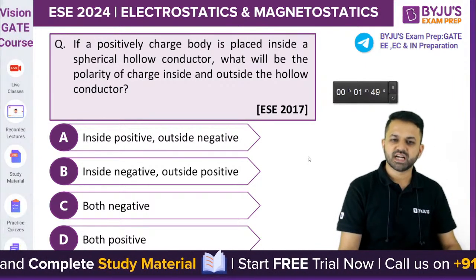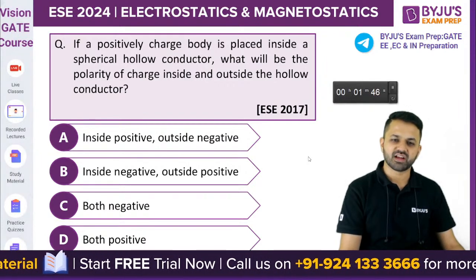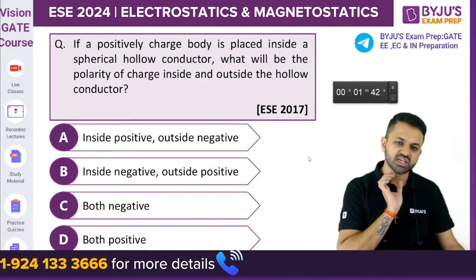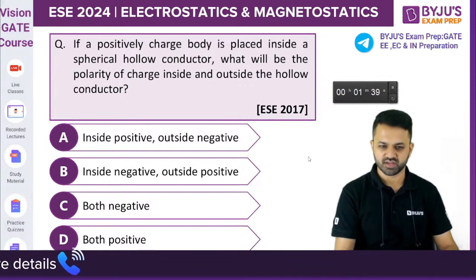If a positively charged body is placed inside a spherical hollow conductor, what will be the polarity of the charge inside and outside the hollow conductor?